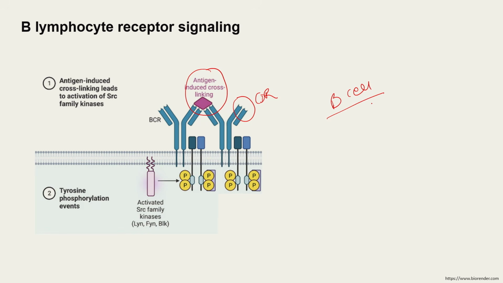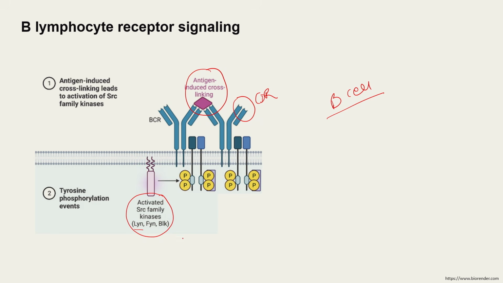And in the B cell we have a very specific kinase called SRC family kinases. So these are kinases which are involved in activation of B cell. Some examples are listed here, and we'll look into them in detail in the next slide, such as LYN, FYN and BLK.